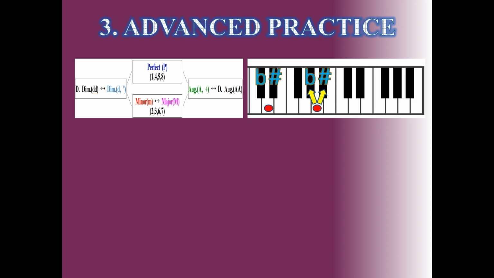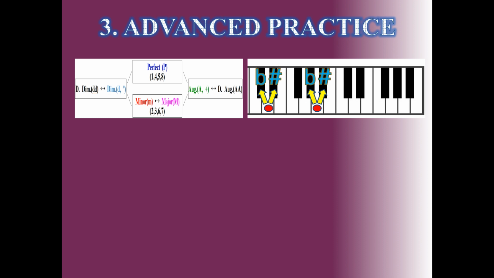If the lower note has a sharp, then will the interval increase or decrease? The interval will decrease, not increase. But if it has a flat, then will the interval increase or decrease? Increase. Okay? So be careful.